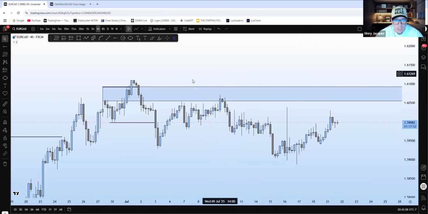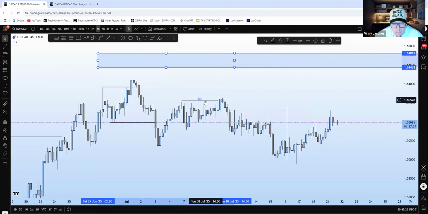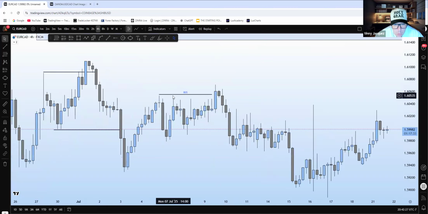Awesome. Now, the thing is, we should always focus on structure. Okay? Always focus on structure. We have a break of structure here. Now, if this is my break of structure, guys, I'm going to zoom in for you. If this is my break of structure, where would my change of direction line be?